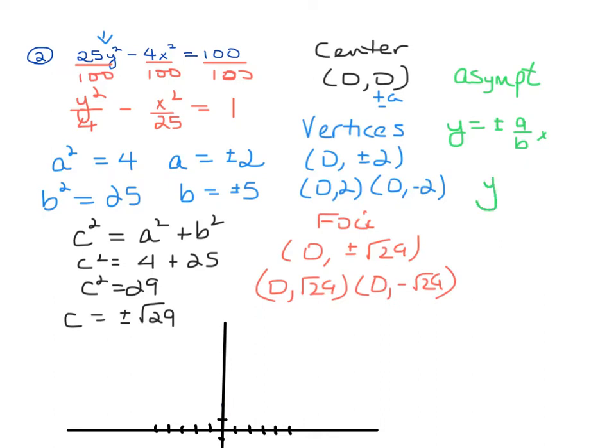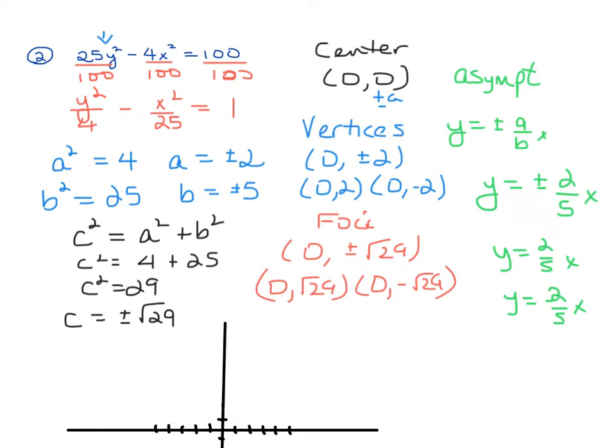My asymptote is y equals plus and minus 2 over 5x. So I'm going to graph the equation y equals 2/5 x and y equals -2/5 x. Again, I'm going to just rise and run. I'm going to rise 2, run 5 from the center point, which is 0, 0.